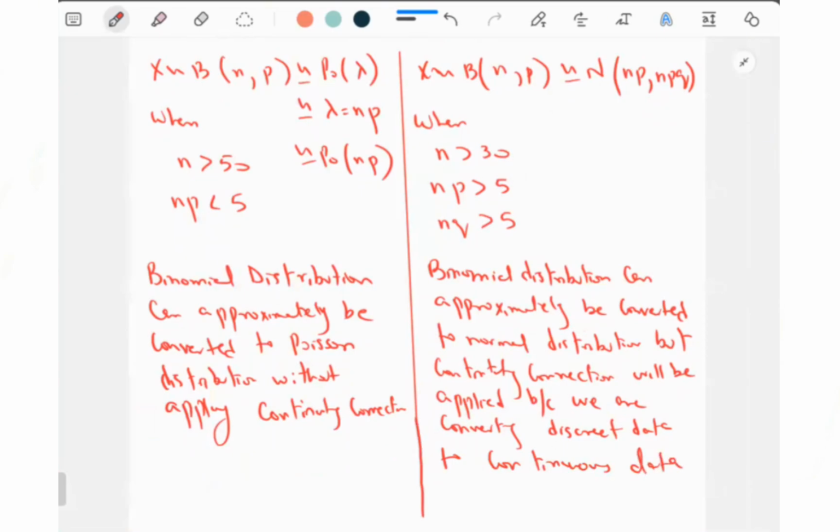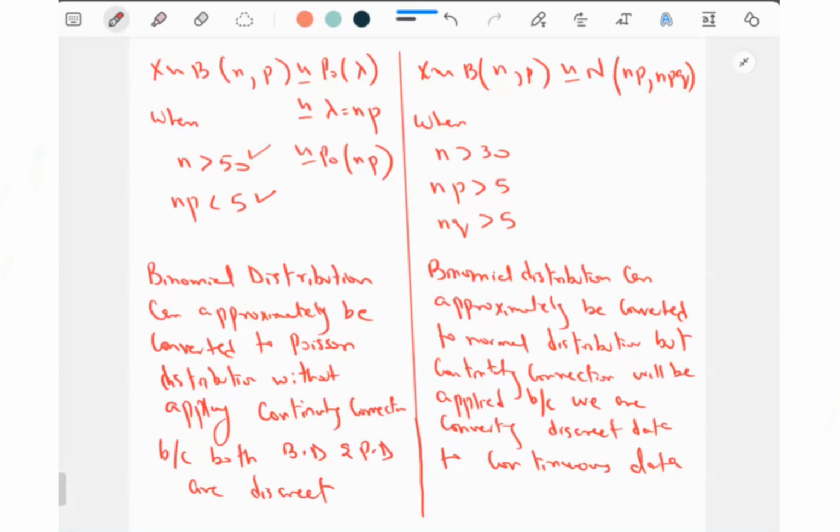बात क्लियर है सबको? मैं एक दफा जल्दी से रिकैप दोबारा कर देता हूं. X is a binomial distribution n comma p where n is greater than 50 and np is less than 5, can approximately be converted to Poisson distribution where lambda is np. So Poisson distribution is np because np is mean and variance, दोनों बराबर होता है. Binomial distribution can approximately be converted to Poisson distribution without applying continuity correction because both binomial distribution and Poisson distribution are discrete.